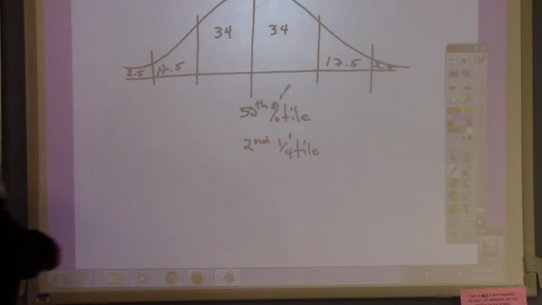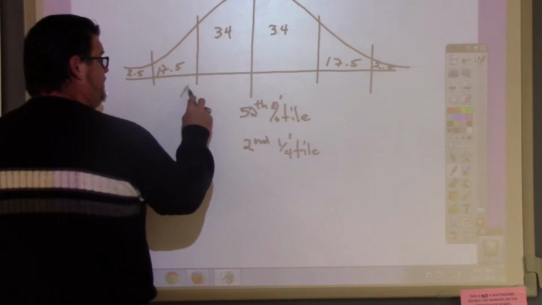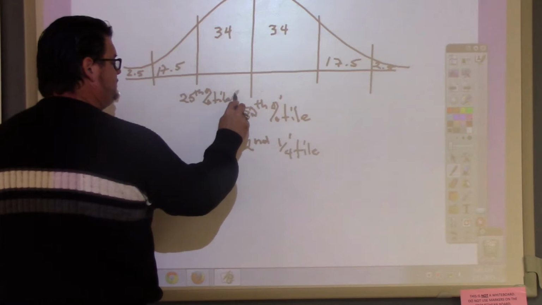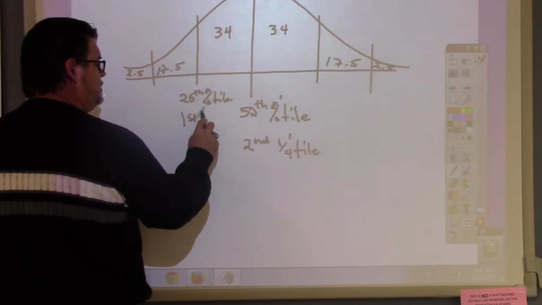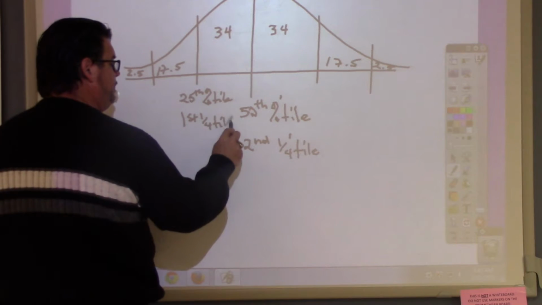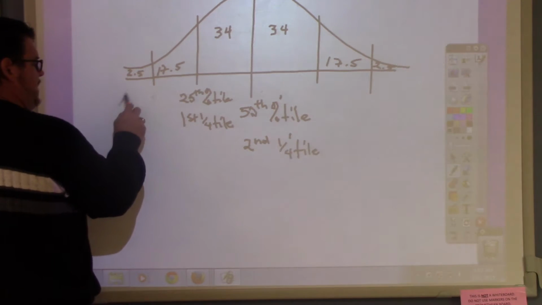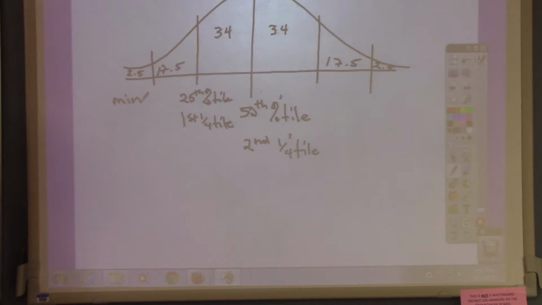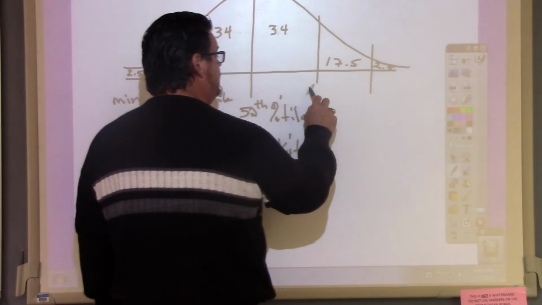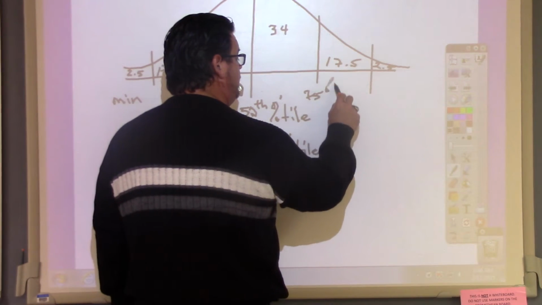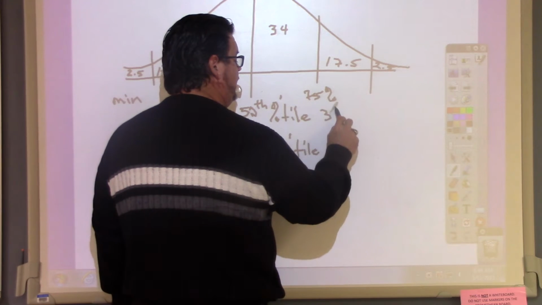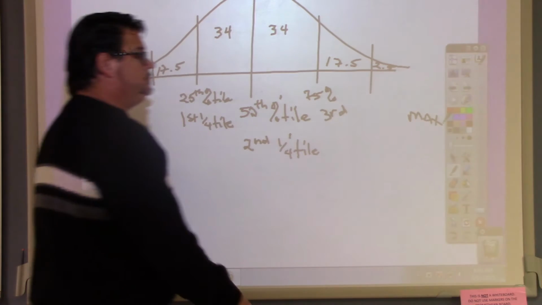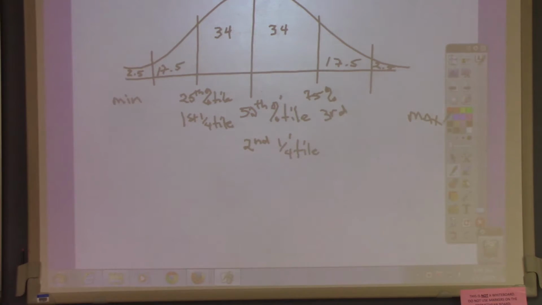All right? So this is the 25th what? Percentile. And the what? First quartile. Good. Of course, down here is your mean. And this is your 75th percentile, and your third quartile. And then your max is over here. Your minimum number and your maximum number.